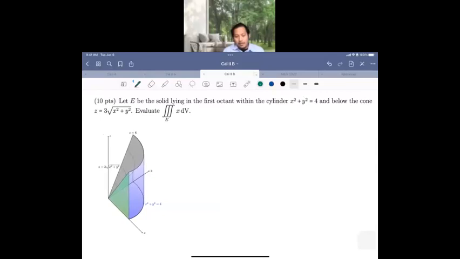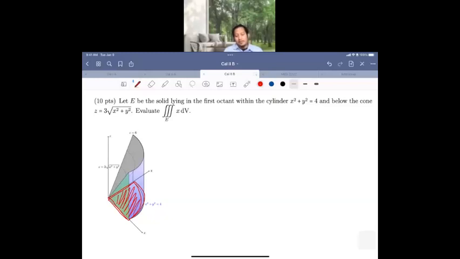So back to this question. I think it's better if you are thinking through. Just look at these projections on XY. If you project to XY, we could see here the one quarter circle.